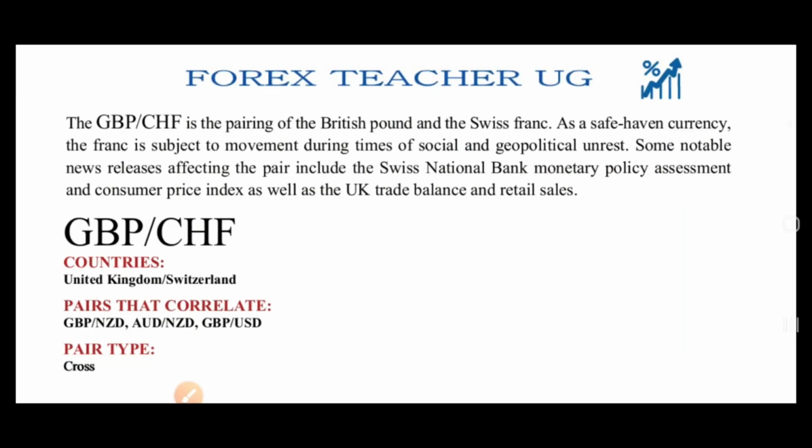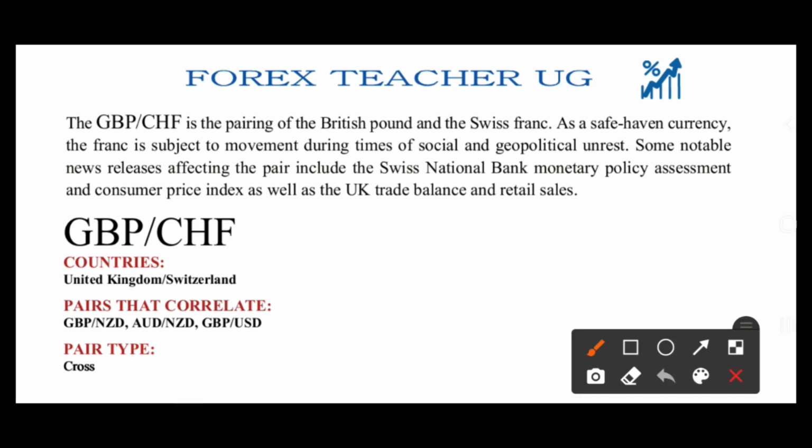So let's proceed to GBP CHF, which is the pairing of the Great British Pound against the Swiss franc. So we saw that the Swiss franc is the safe haven currency, especially during times of social and geopolitical unrest, and also economic recessions.